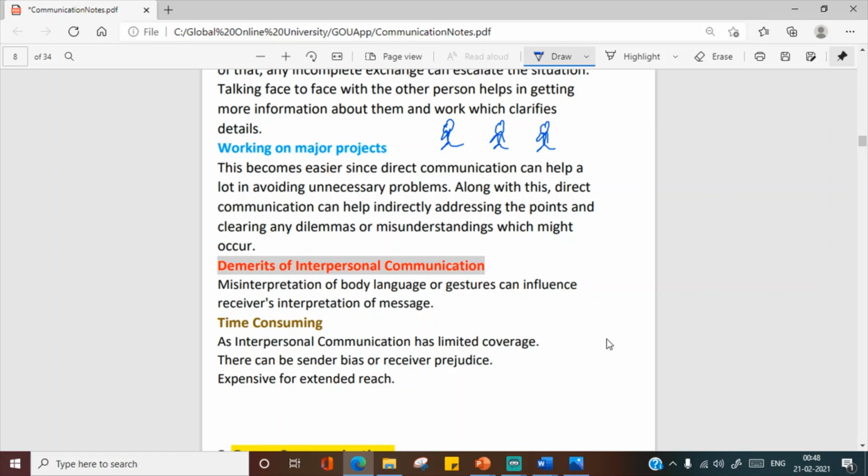The boss says something to the manager and the manager says it to the team member. But if the boss goes directly to the team member and informs about the task that has to be done, this middle person, the manager who was coming in between, goes away, the boss speaks directly to the team member, unnecessary problems go away and that job is done very peacefully.